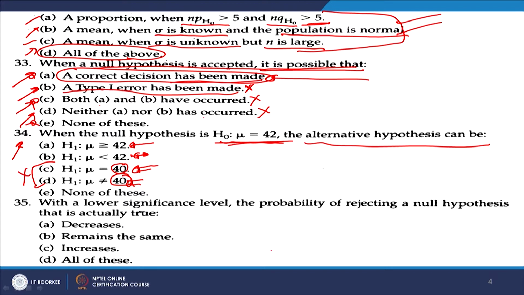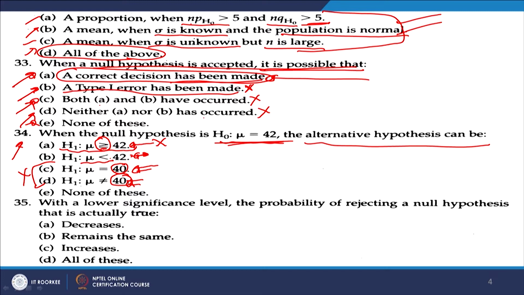Now, since you are saying that mean is equal to 42, and here one of the options is greater than or equal to 42, since equal to is already in this question, this cannot be the option. So, the only option left is this. So, for 34, B is the right answer, mean is less than 42. Okay.